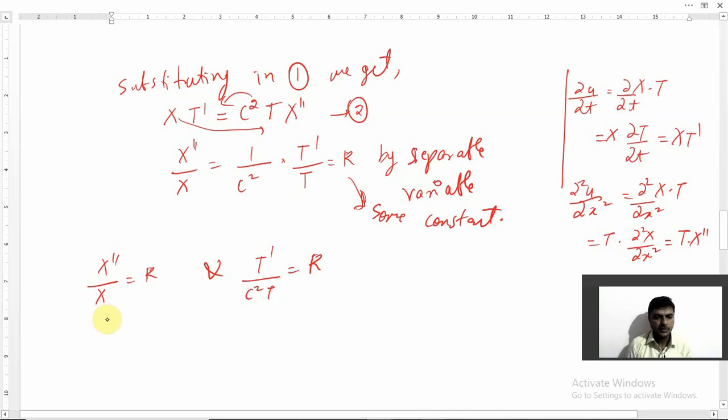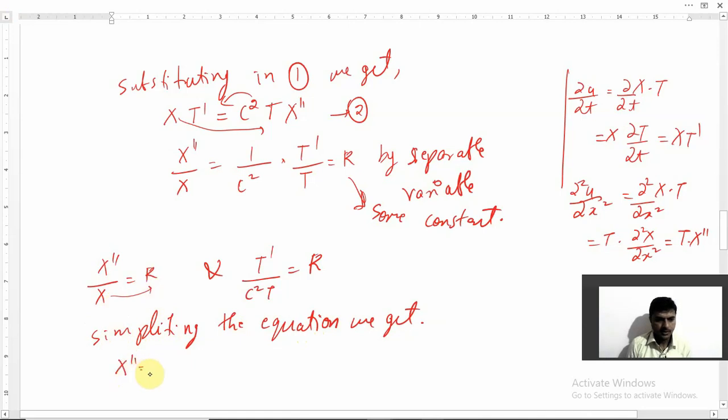Now we will simplify the equation. We get here, just taking r to the right hand side, and taking X on this side, X double dash is equal to r X.